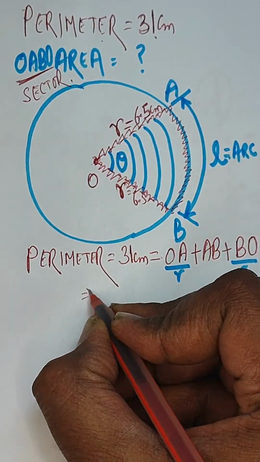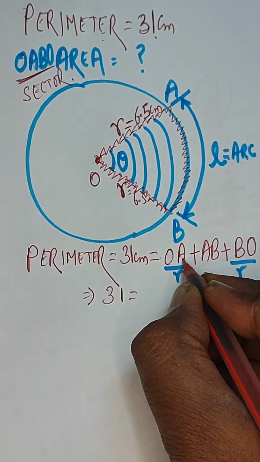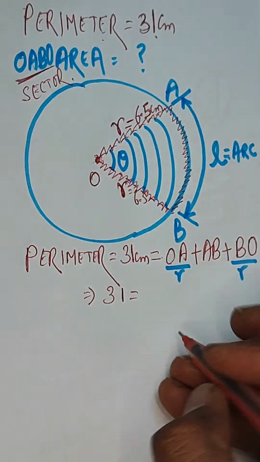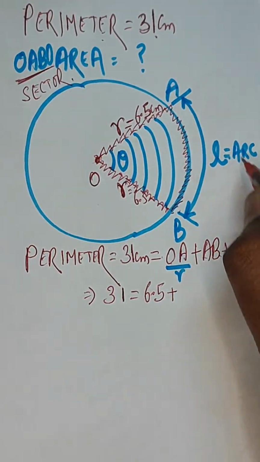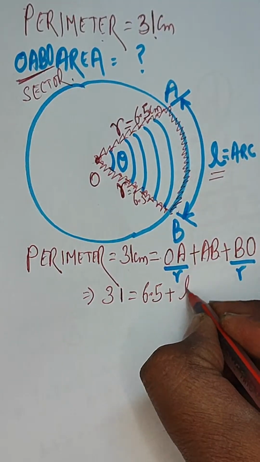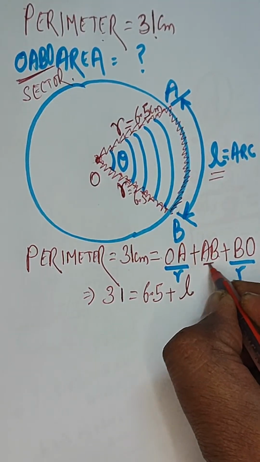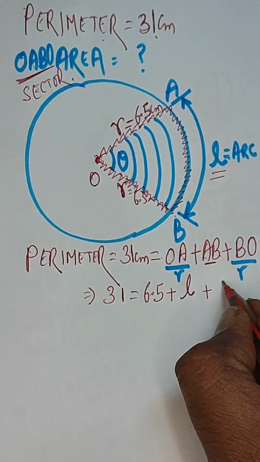Since perimeter is 31, keep it on the LHS, and on the RHS OA, the radius, is 6.5. Just write 6.5. Instead of AB, the length of arc is L. Plus BO, which is again the radius, 6.5.